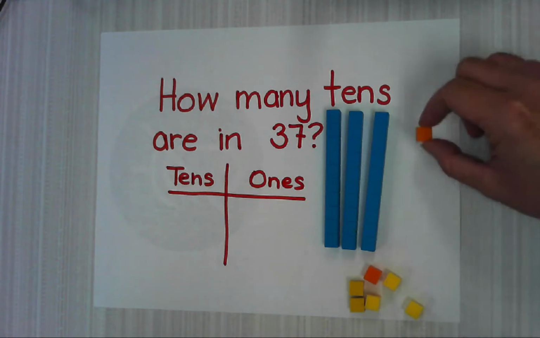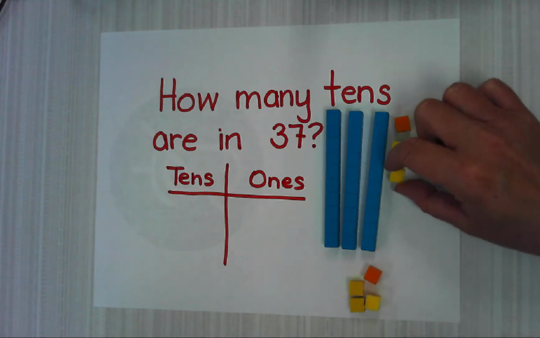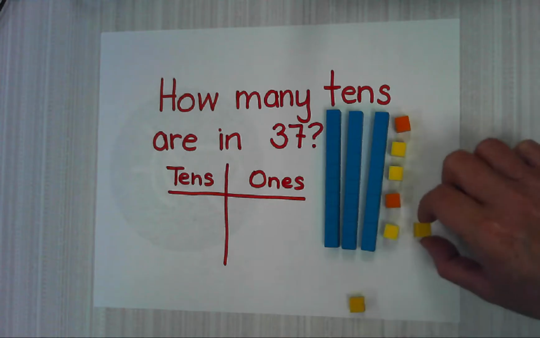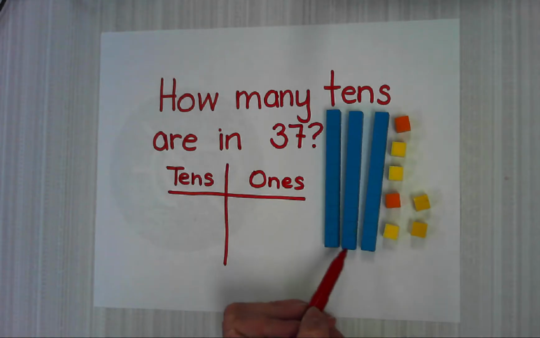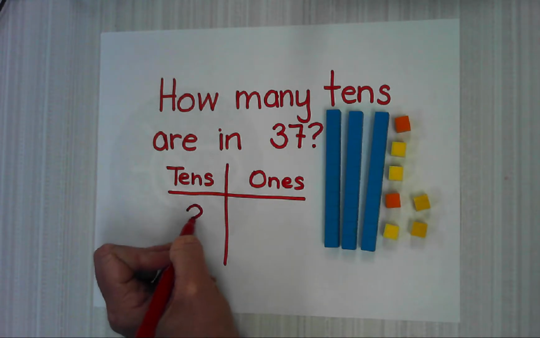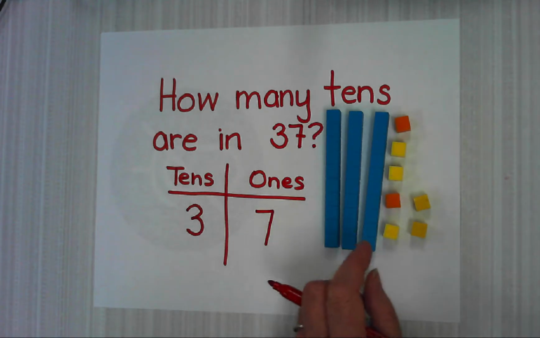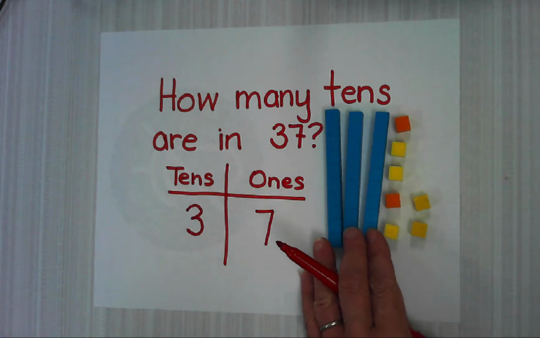So the next number after 30 is 31, 32, 33, 34, 35, 36, 37. This model shows 3 tens and 7 ones. So if you're not sure which place is which, you can build it with your blocks first.